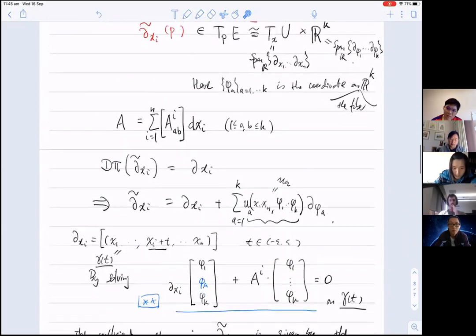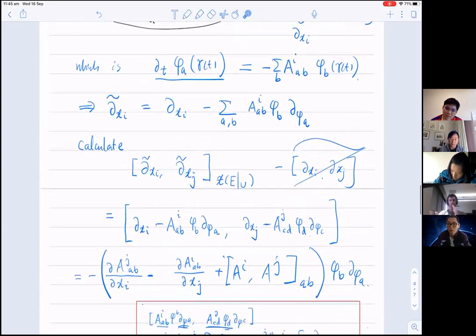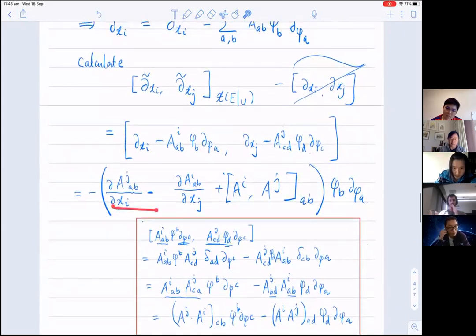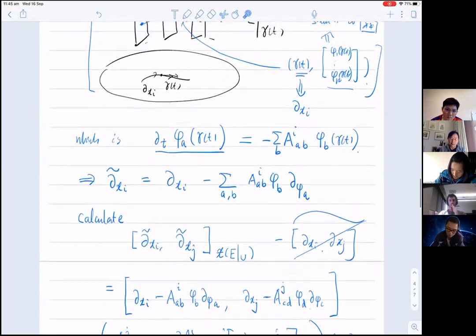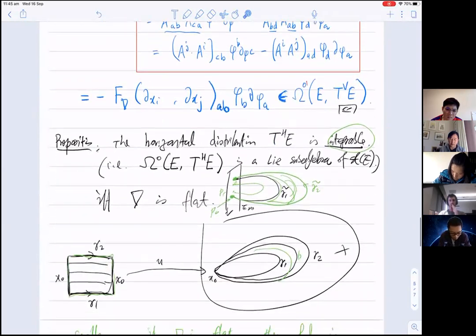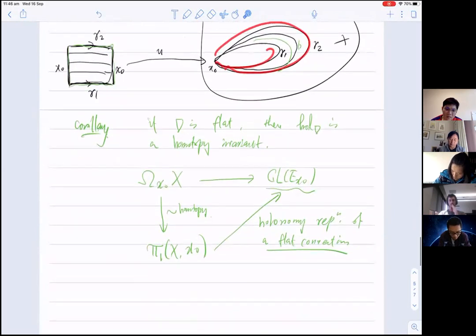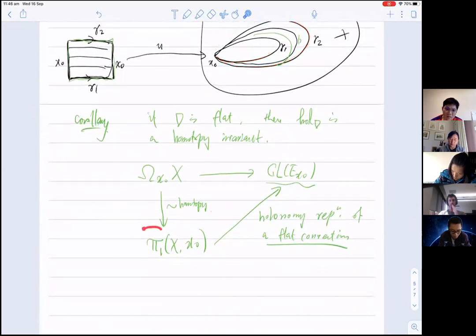Yeah. And then the next theorem is that there is a curvature. You can calculate curvature out of this by taking two directions, taking a lifting. And if the curvature is flat, then the holonomy doesn't depend on the choice of path.